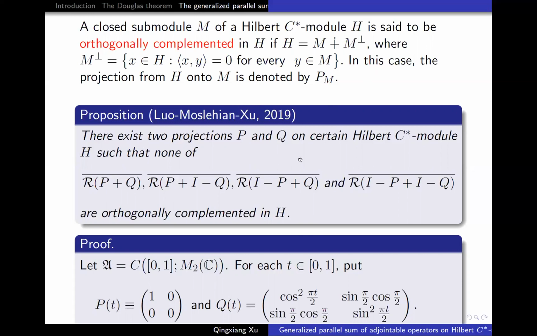And there are of course some differences between Hilbert spaces and Hilbert modules. We can show that there exist two projections P and Q on a certain Hilbert module H, such that none of these four closures are orthogonally complemented in H. Because of the time limitation, I will not give the proof. So it's quite a difference between Hilbert modules and Hilbert spaces.